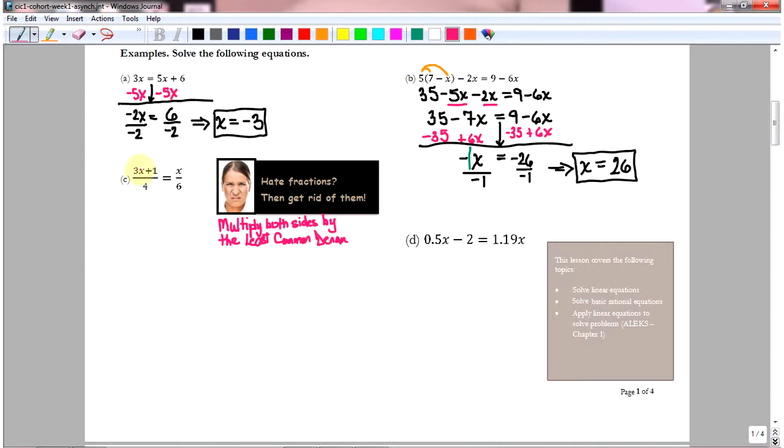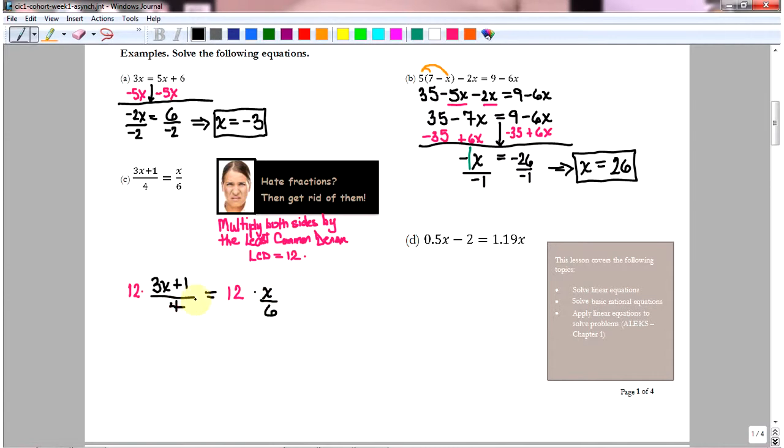If we look at 4 and 6, the smallest number that 4 and 6 both go into is 12. So that's going to be our least common denominator. That means I'm going to multiply both the left side and the right side of my equation by 12. And remember, the reason we're doing this is because it's going to cause our fractions to drop out.